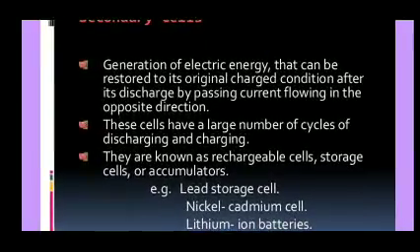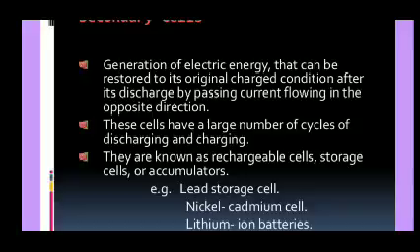Secondary cell. These cells generate electric energy and can be restored to their original charged condition after being discharged, by passing current in the opposite direction.